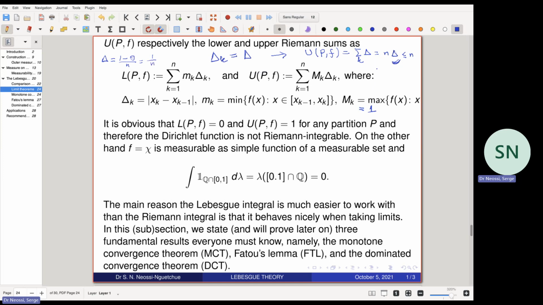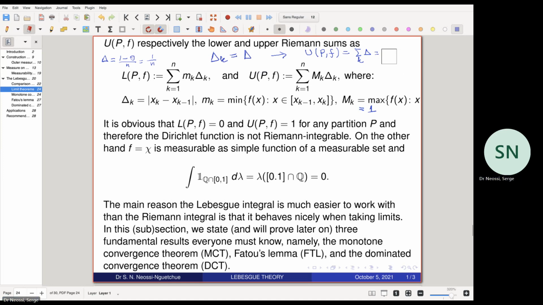And if you substitute 1 over n here, it gives us 1. So UP is actually 1. Even if it is not equally spaced, we will get exactly the same result, right? Because the case where it is equally spaced is just a simplification.